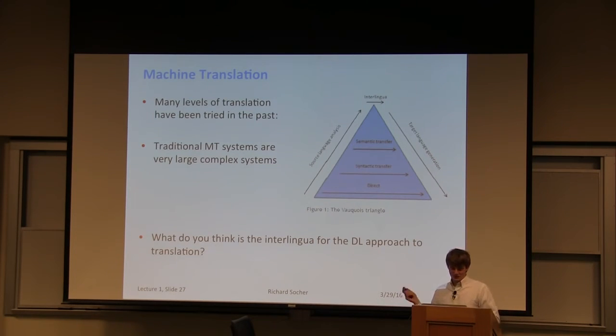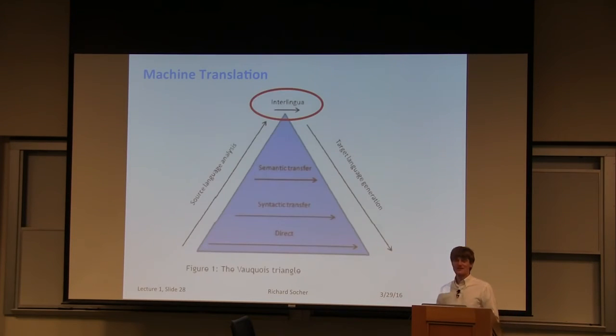And now I might ask you, what do you think is the interlingua, the main way to represent language if you want to do translation? Vectors, that's right.